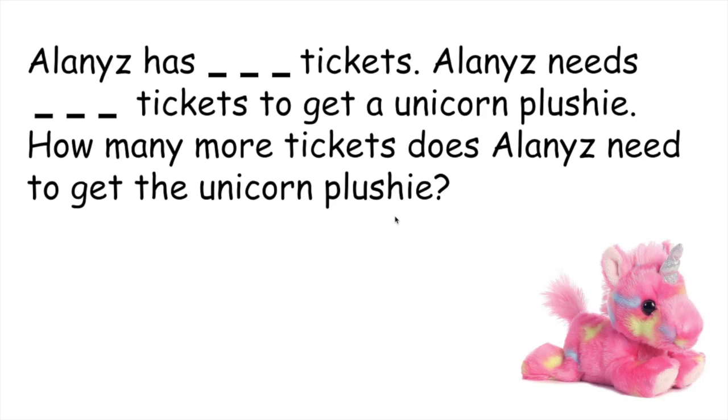Now that I read our problem, I want to know who or what is this problem about? What are some words that give us a clue? Correct. This problem is about Alanis. Alanis has tickets and she needs more tickets to buy a unicorn plushie.